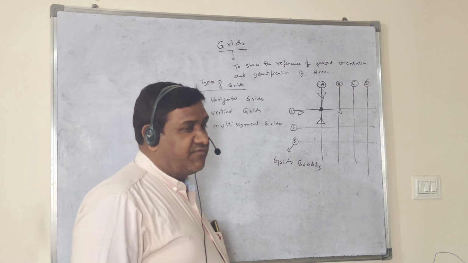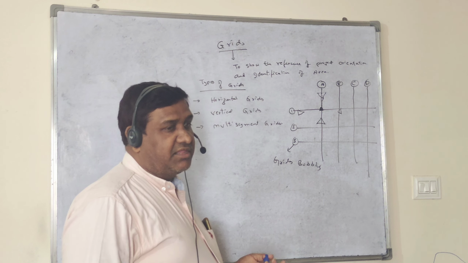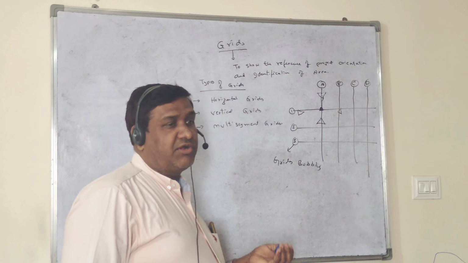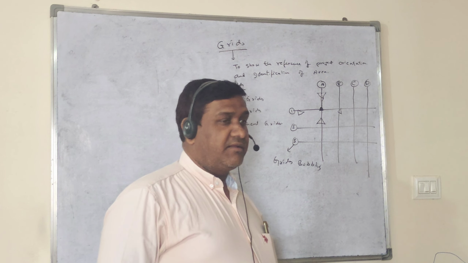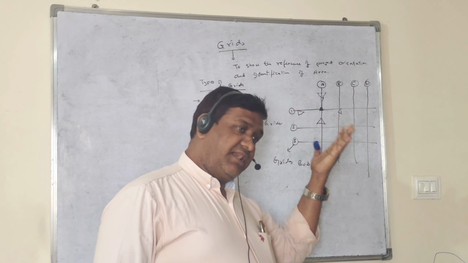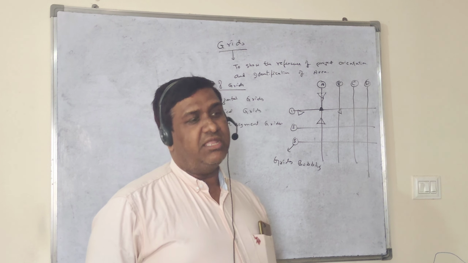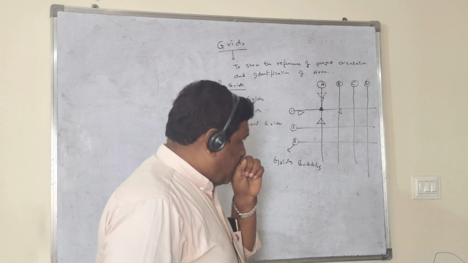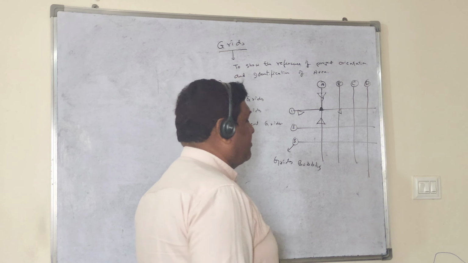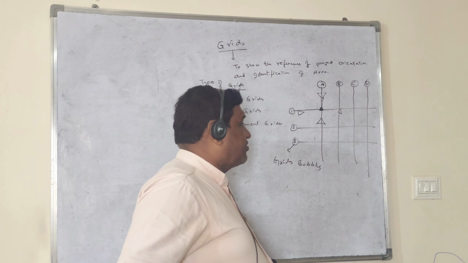If you place vertical grids alphabetically, A, B, C, D, E, F, G like that, then horizontal grids you have to put numerically, 1, 2, 3, 4, 5, 6 like that. If you take vertical grids as 1, 2, 3, 4, then horizontal grids should be A, B, C, D, like that. So alphabetical and numerical will both be used, depending upon the area of your project.